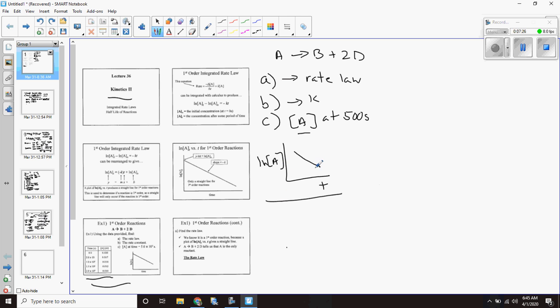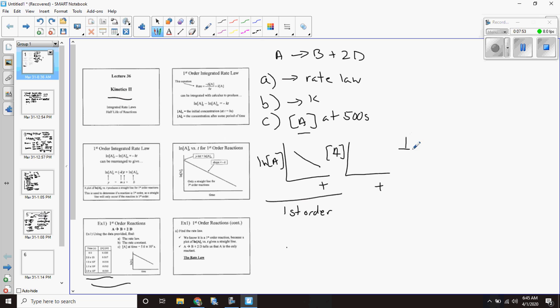The fact that they give you a graph and tell you that the natural log of concentration versus time is a straight line guarantees that this is a first order reaction, right? In a multiple choice question, they'll probably give you a set of three graphs. If a graph of just concentration versus time gives a straight line, then you know it's zero order.